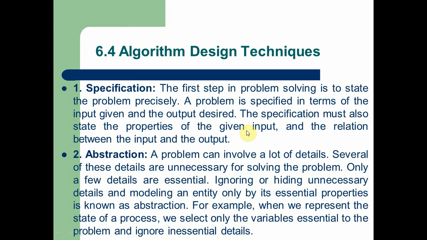For example, when we represent the state of a process, we select only the variables essential to the problem and ignore inessential details. Again, we take the example of a civil engineer. When a civil engineer tries to construct a building according to the requirement of the customer, he starts his work.